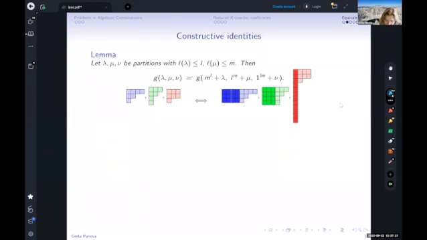If we have three partitions, we take g of lambda, mu, nu, and if we add a rectangle, another rectangle, and a really long first row, first column to these partitions, we have an identity of these Kronecker coefficients. So why is this? Here I'm going to prove this using Schur functions, because we are combinatorialists and that's what we like.